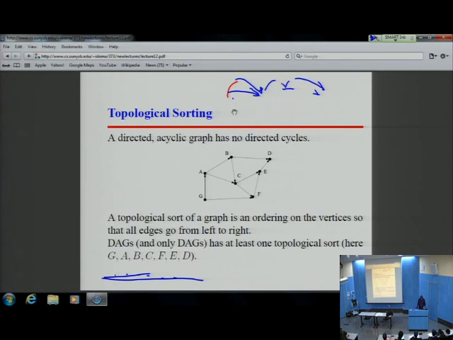He's saying, look, you said G to A, there is an edge there, and G to B, there is an edge there, and C, and F, and E. Okay, so in this particular topological sort, there happens to be a very special property that it is a path in the graph. That is in general not the case.